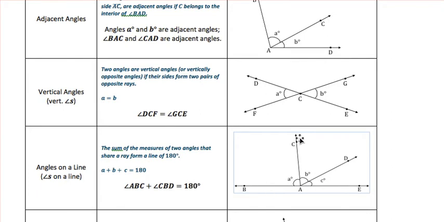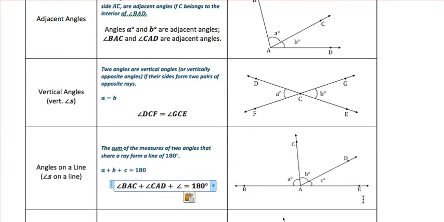Angle BAC plus angle CAD plus angle DAE equals 180, the sum of those three together.